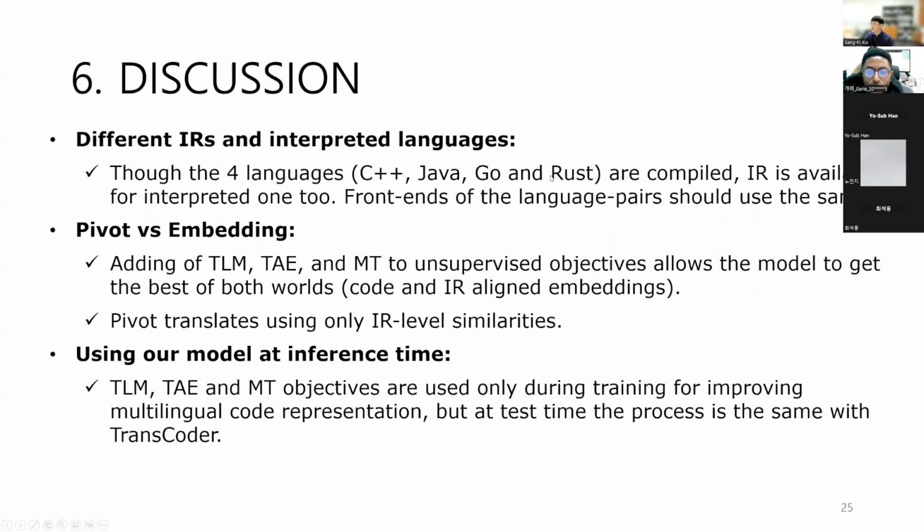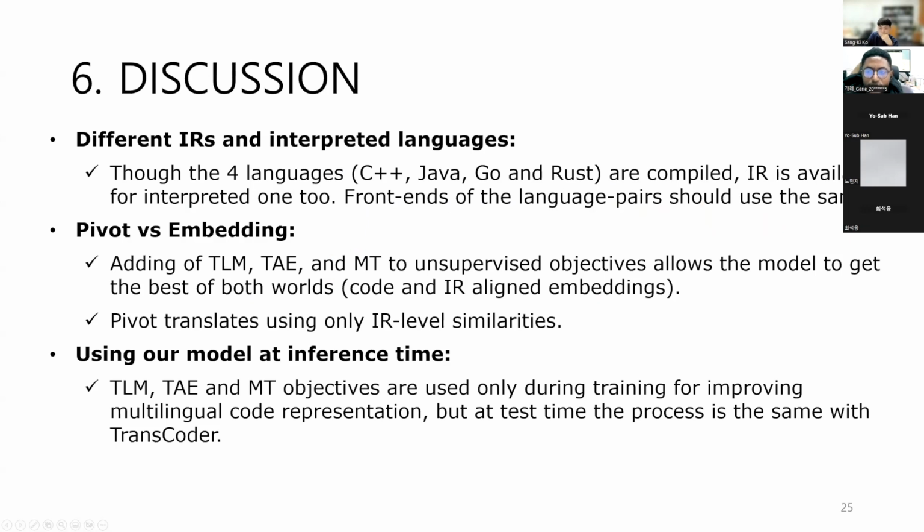These are all compiled programming languages. But code translation using IR is not limited to compiled programming languages only. Interpreted programming languages like Python can also be used with the IR representation.